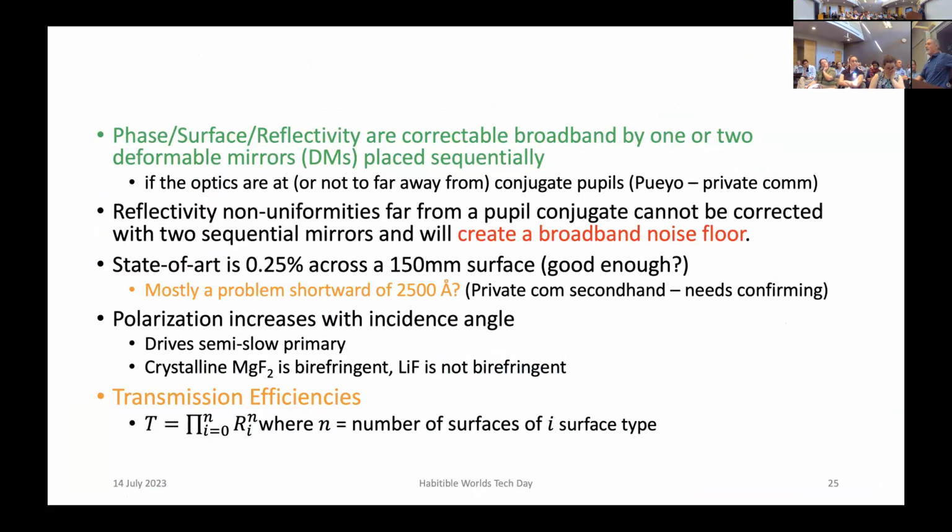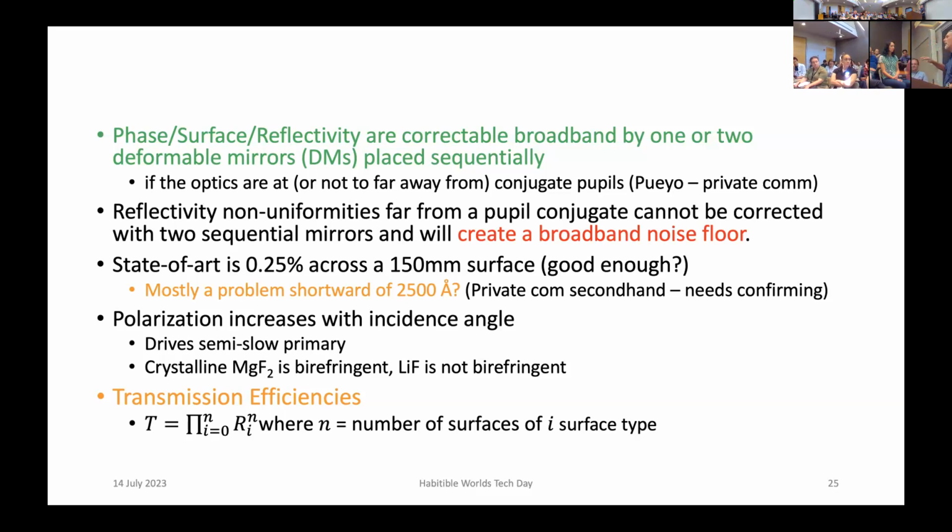It just has to do with surface reflectivities being hierarchical, broadband, by 1 or 2 deformable mirrors placed sequentially, and non-uniformity in the mirrors is an issue. It will create a broadband noise floor.